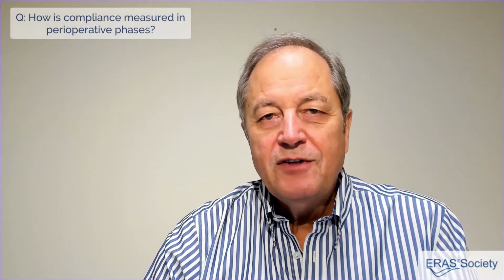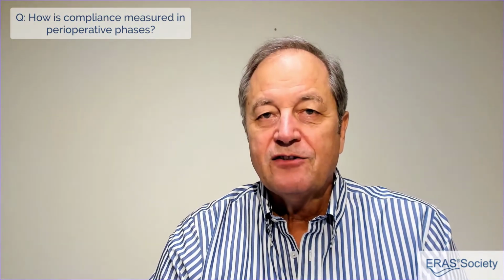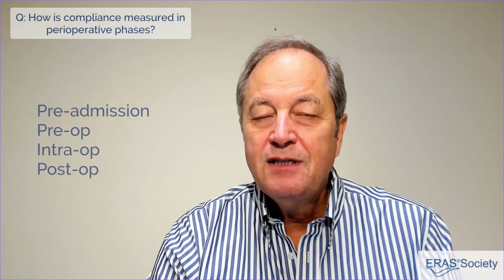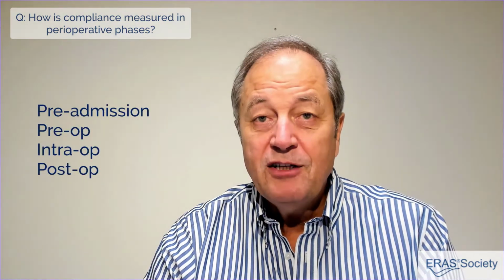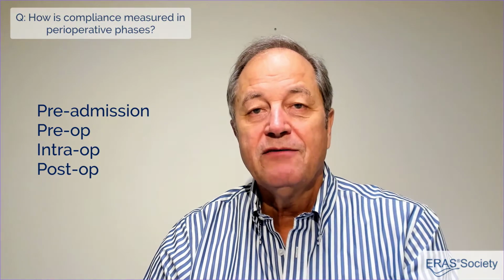In the development of the compliance measurement tool, the ERAS Society decided to divide the care process into different phases, from pre-admission to preoperative, immediately preoperative, to intraoperative and postoperative. And we can actually measure compliance specifically for each one of these periods, and they will give you some important information.